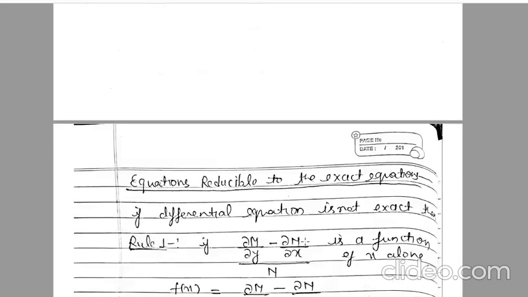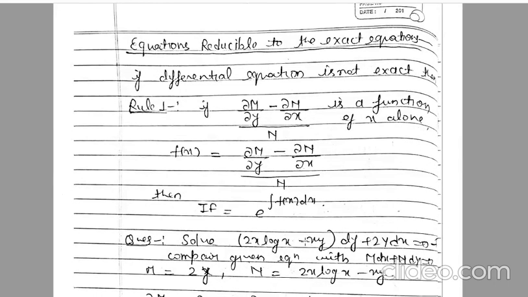Now I'm going to start the topic equations reducible to exact equations. That means our equation is not exact, and we will reduce it into an exact differential equation. If the differential equation is not exact, then we have our first rule.